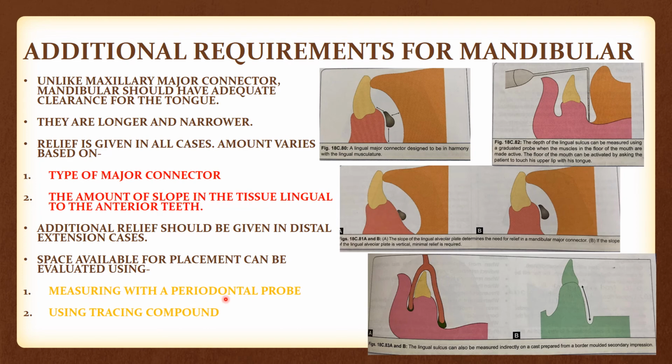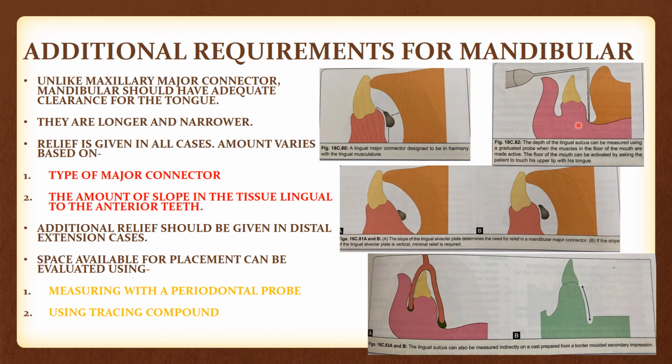The patient is asked to protrude his tongue and touch the vermilion border of the upper lip, the outer portion of your upper lip, so that the tissues in the floor of the mouth are activated. Then the depth of the lingual sulcus is measured near the canine and the central incisors.